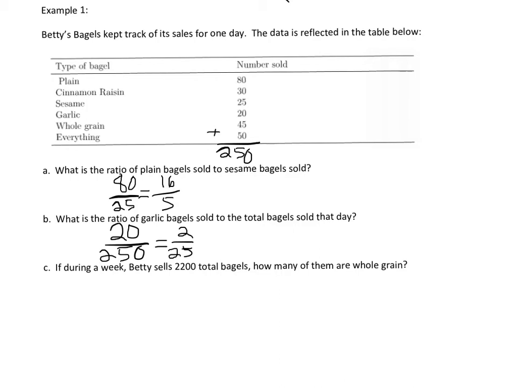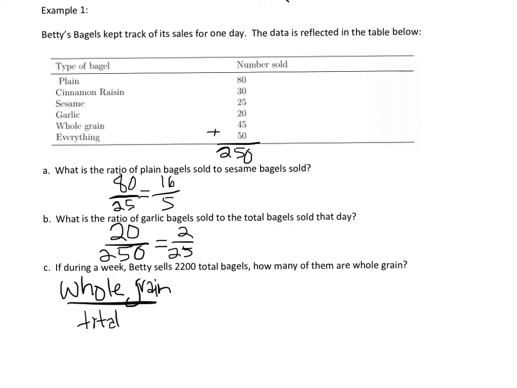And our last question, if during a week Betty sold 2,200 total bagels, how many of them are whole grain? So this is when we're going to use a proportion. Now when we're doing a proportion, it doesn't necessarily matter, again, which one we put on top as long as we're consistent. So I'm going to make myself a key that I'm going to do whole grain over the total. I'm going to be consistent with that.